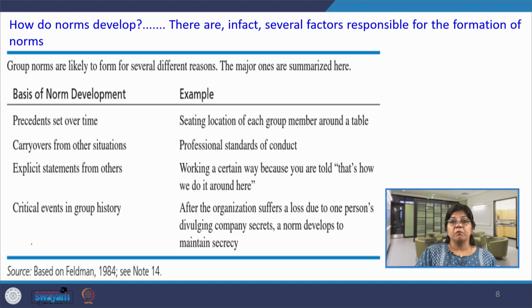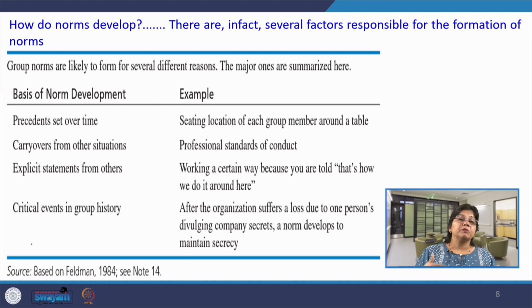Explicit statements from others. This style of norm is especially for new entrants who are new to the workplace and have no idea how to perform any task. When they inquire from past members or senior workers or employees of the organization, they would suggest the same thing: this is how we did it, you also do it in a similar fashion.